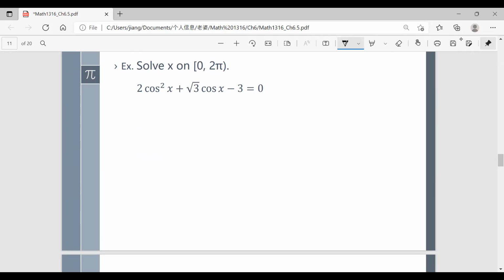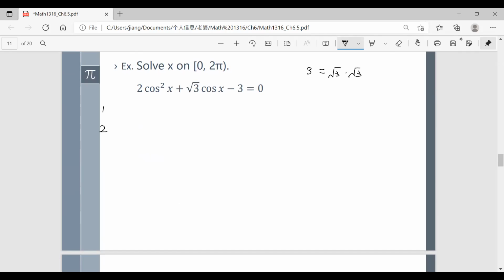So this is 2 times cosine squared x plus square root of 3 cosine x minus 3. The middle term is square root of 3, and we have learned that 3 equals square root of 3 times square root of 3. So do the cross multiplication, crisscross: 1, 2, because 2 equals 1 times 2.